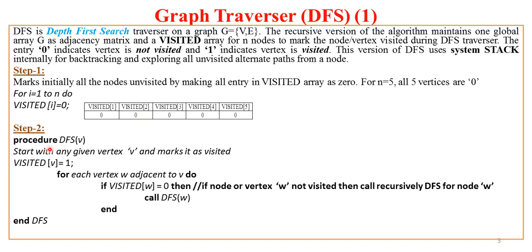So now procedure DFS starts. We start with some initial vertex V. As we have already started with V, we mark that entry V as 1, and for all the nodes adjacent to V, we'll assume those nodes as W. For each of these adjacent vertices, we see whether that vertex has not yet been visited, and if not visited, then we recursively call DFS for that new vertex.